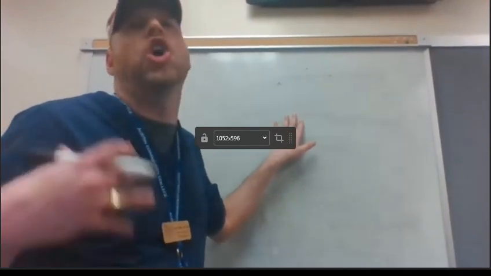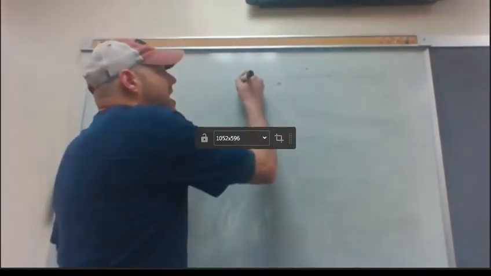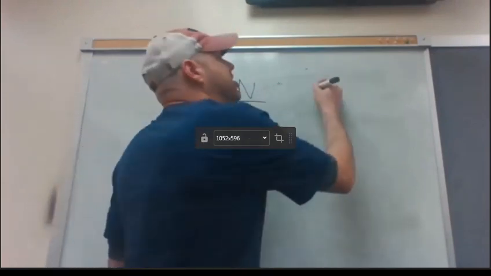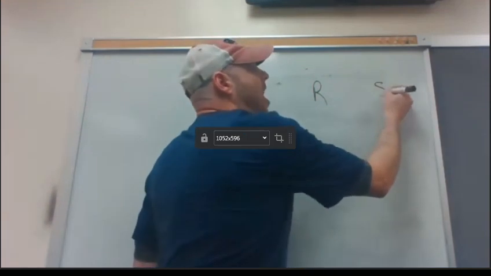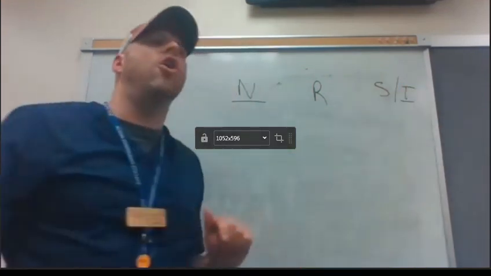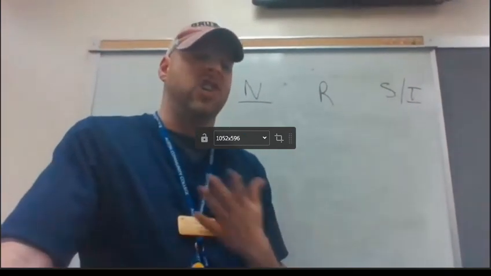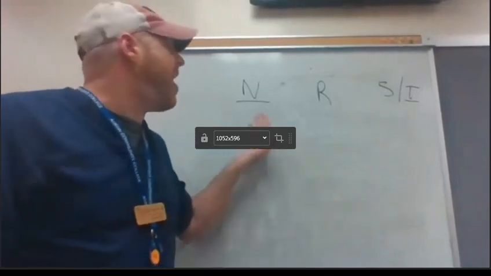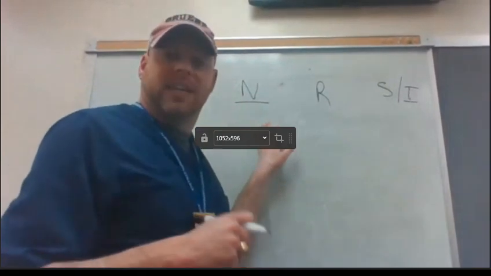But how is it working to control GERD or heartburn? So the very first one, they either neutralize, they reduce acid, or they stop, block, or inhibit. Those are your three choices. So when I tell you I have GERD or heartburn from hydrochloric acid, if I want to neutralize it, I need to eat something, correct?